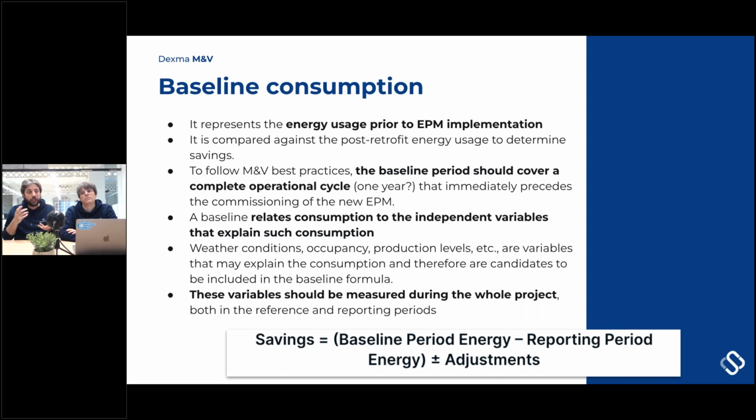In a building with HVAC, consumption usually depends a lot on the outside temperature. Having a whole year is recommended because it covers both the summer and the winter periods, and therefore you have the idea of a whole operational cycle.